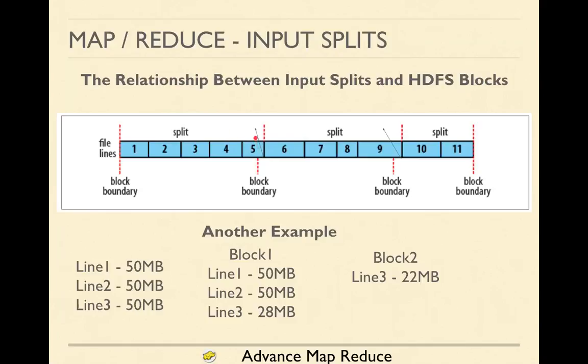On the fifth line, since some of it is on another node, this data will be copied to the first node. Why? Because the mapper is executed nearer to the data. Similarly, some part of the ninth line will be copied to the second data node where the mapper will be executed, and this data transfer will happen.